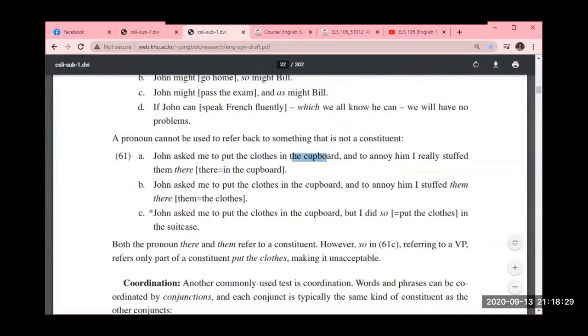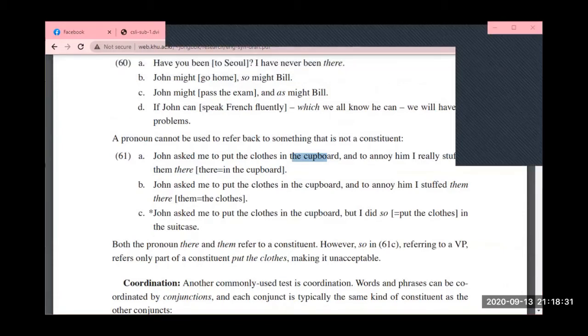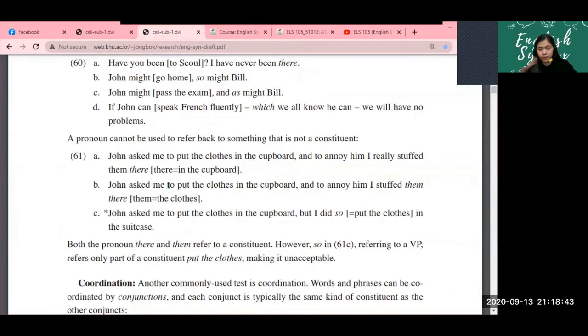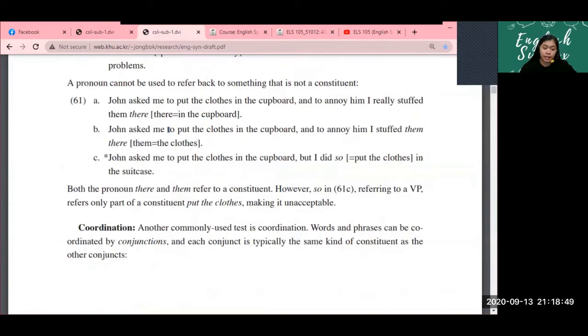So we cannot just use a pronoun to start replacing constituents in a sentence. There might be cases where it will be misleading, just like this one.